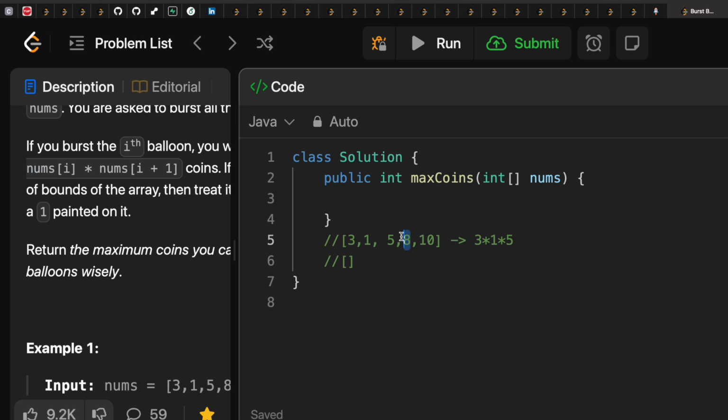But how can we store that? How can we know what is on the left of 5 at a given instance if we decide not to modify our array?